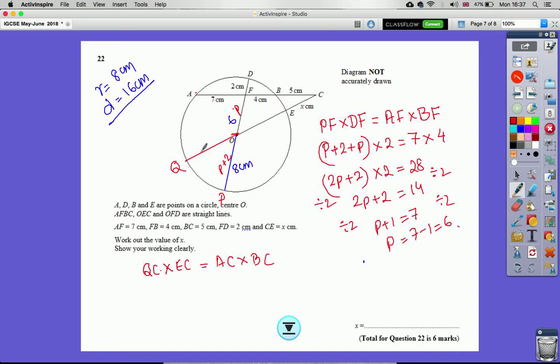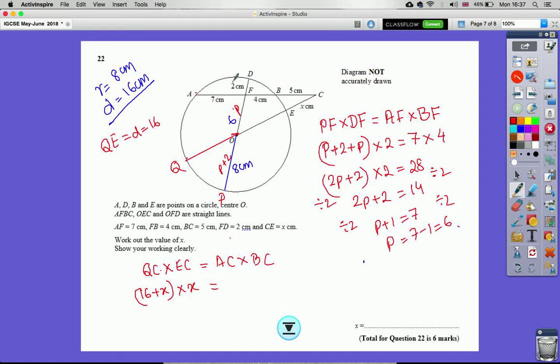Now, what is QC? Look, QE is the diameter, which is equal to 16, and I'm adding x to it. So QC is 16 plus x multiplied by EC is x, is equal to AC times BC.